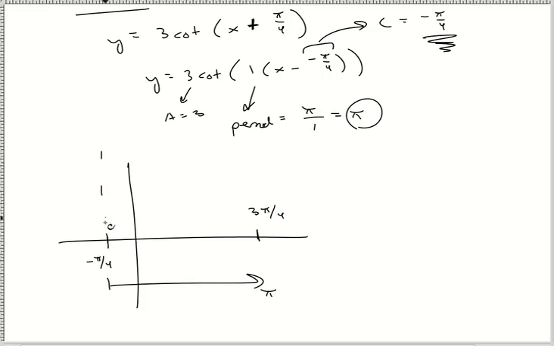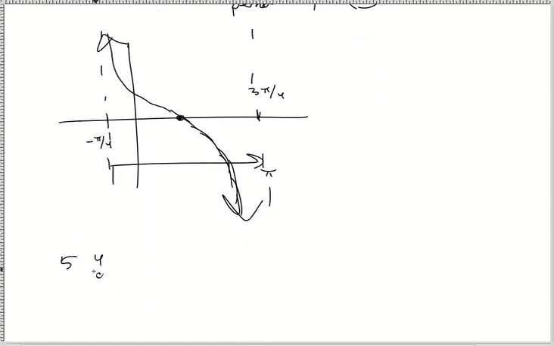So I have an asymptote right here, asymptote right here. Let's say this is about the middle, about right here. That's about right. And so then I'm going to come in about the middle, and then I'm going to drop on down. There you go. Cotangent graph. Very difficult for me to draw. I don't know why. Just that one in particular.